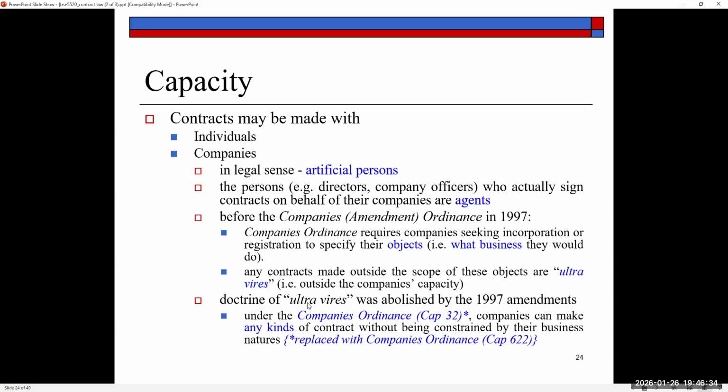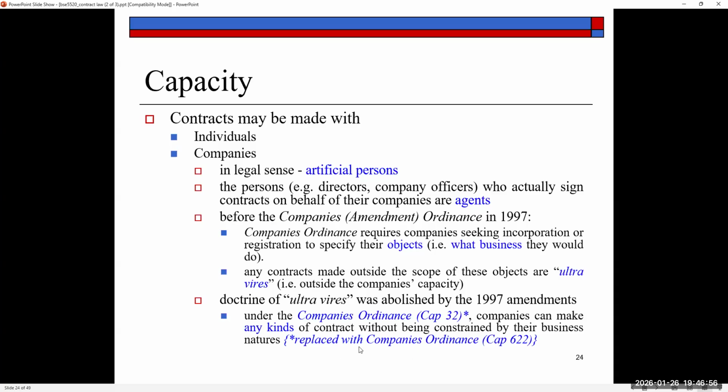In the old days it was there, but the Company Amendment Ordinance 1997 abolished this doctrine. So under this ordinance, companies can make any kinds of contract without being constrained by their business natures.